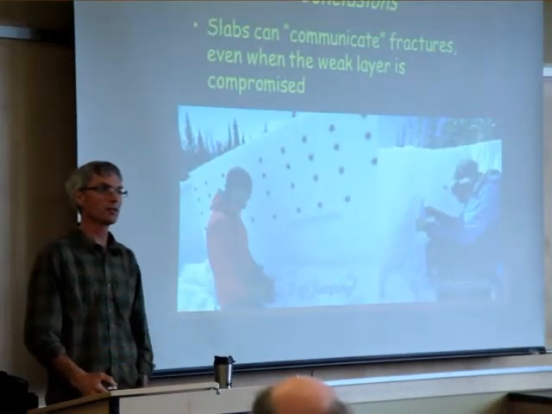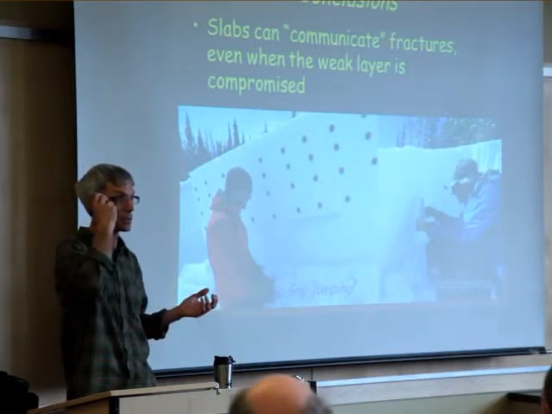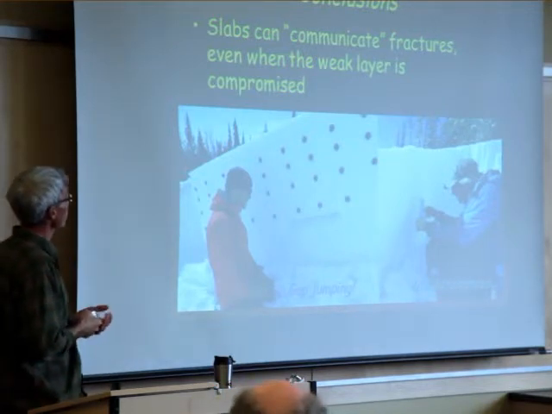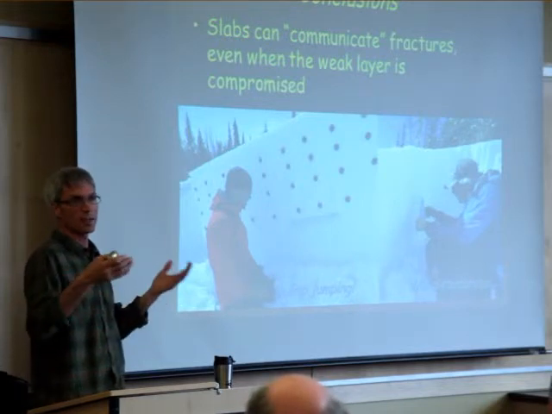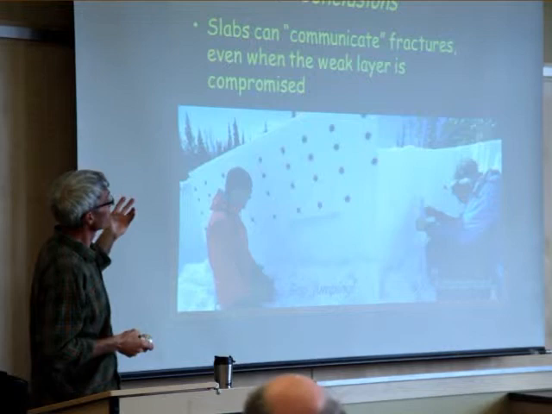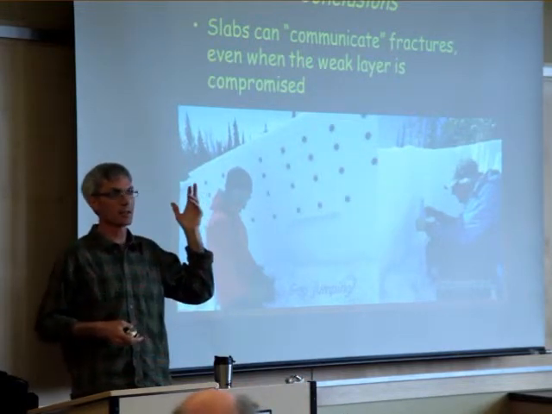So, what can we conclude from this? Again, the conclusions have to be tied into these tests. We can't necessarily tie them into avalanches at this point. We've seen this in our experience. You guys have seen it when you're out there in the field doing control work. These slabs can communicate fractures even when the weak layer is compromised. And I know you guys see this, right?